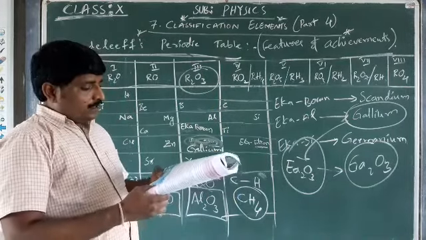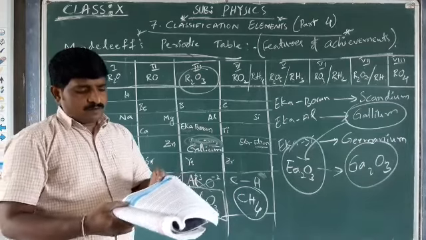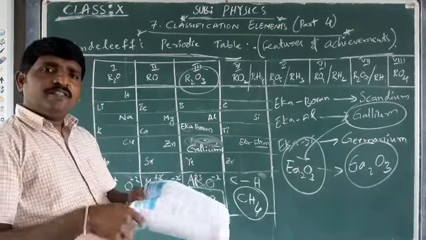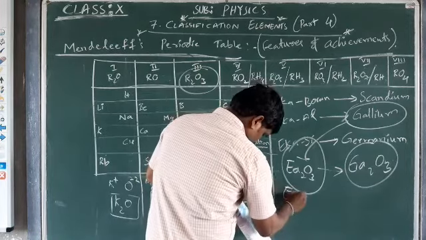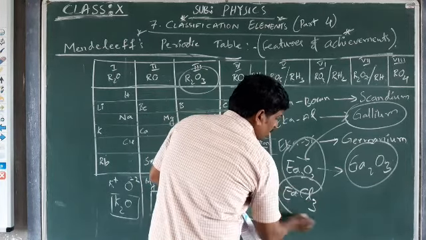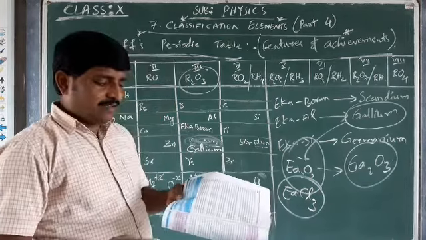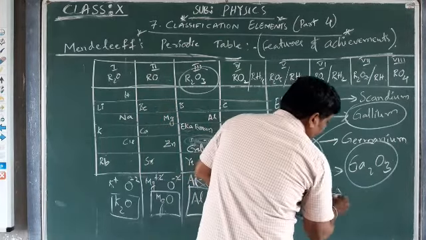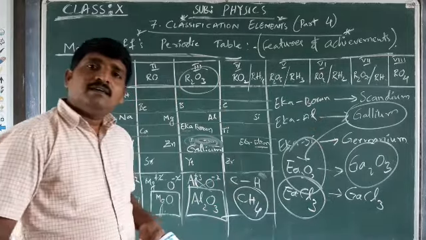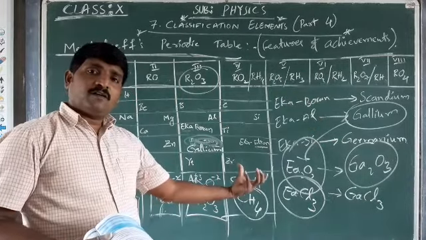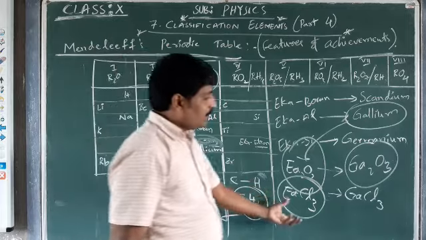When reacting with chlorine, EaCl3 was the predicted formula. After the discovery, GaCl3 was the chemical formula.